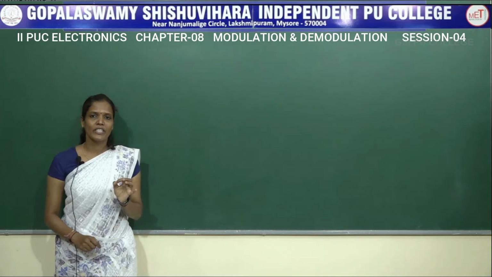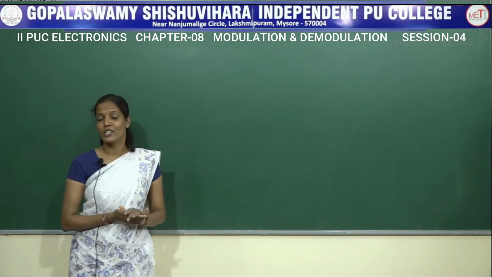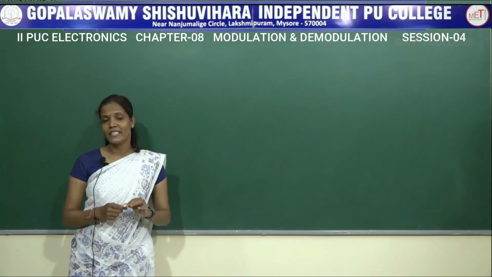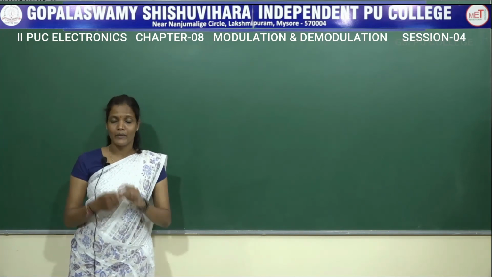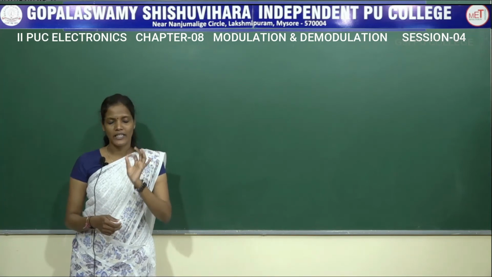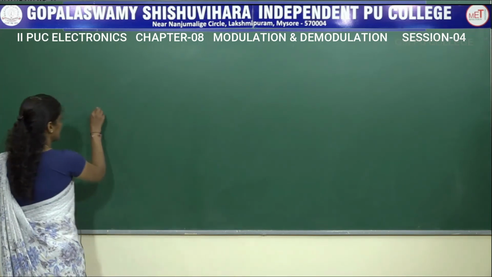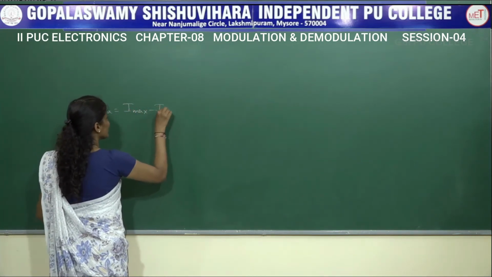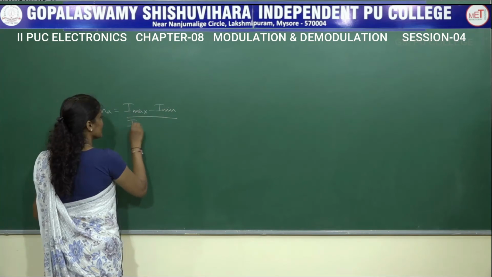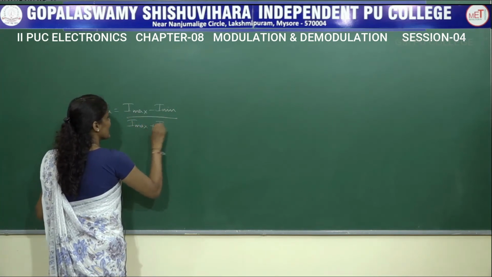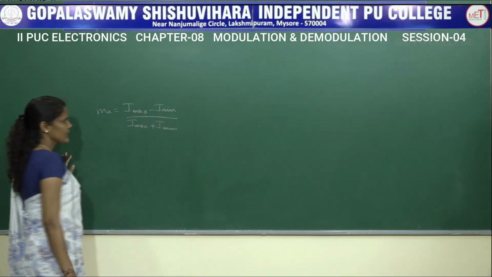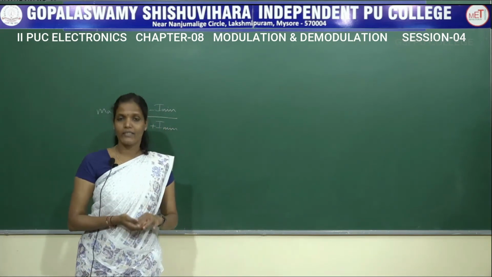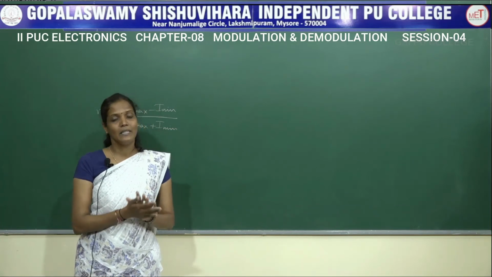Clear? Just now we derived an expression for the modulation index in terms of V maximum and V minimum. The same modulation index can be written in terms of I maximum and I minimum, that is the modulation index in terms of current: MA equals I max minus I minimum divided by I max plus I minimum. I max is nothing but the maximum current which is reached by the carrier signal, and I minimum is nothing but the minimum current.